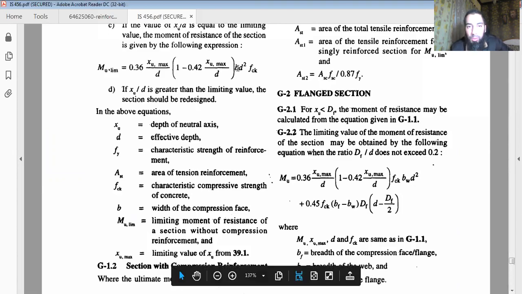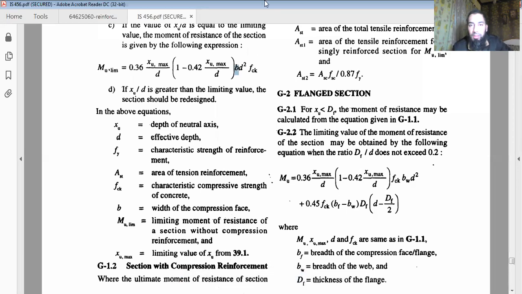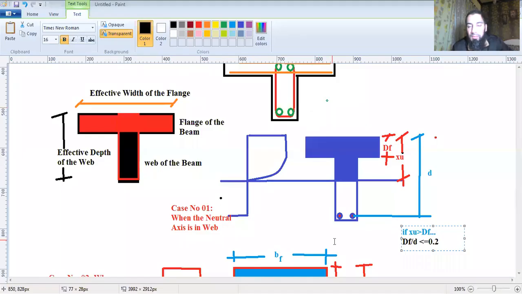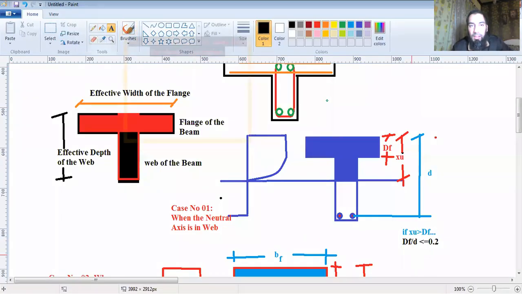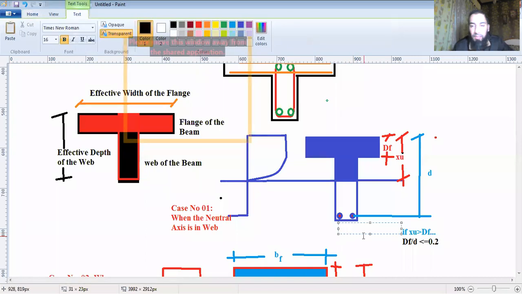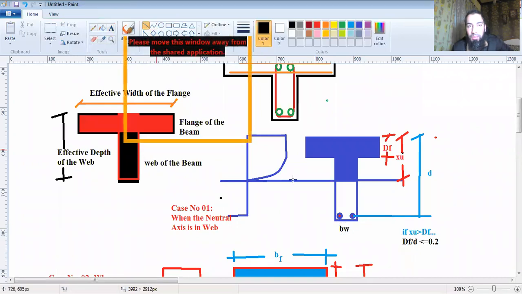This is bw. Now what is bw? I'll show you. This is the width of section. This is bw, from this point till this point, means from here up till this is the width of the web.